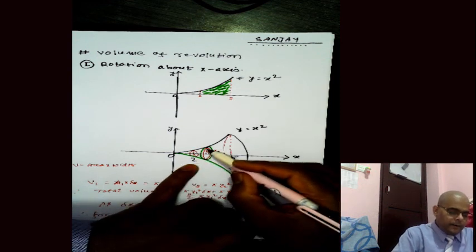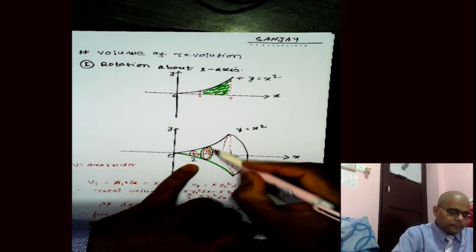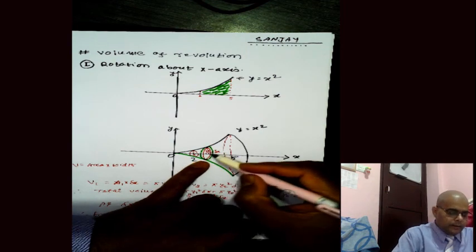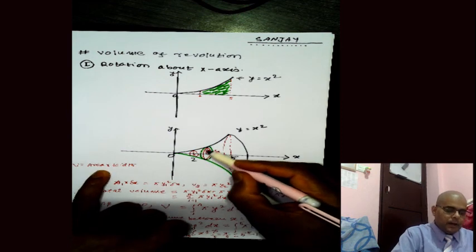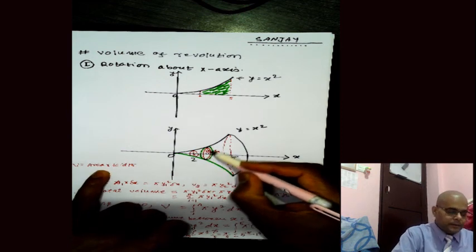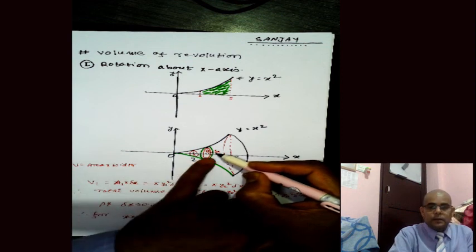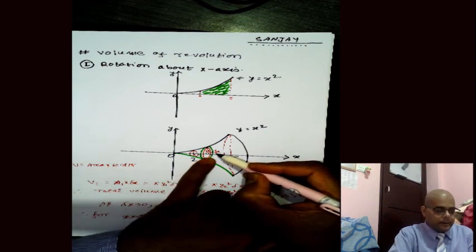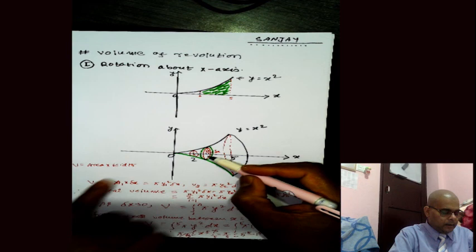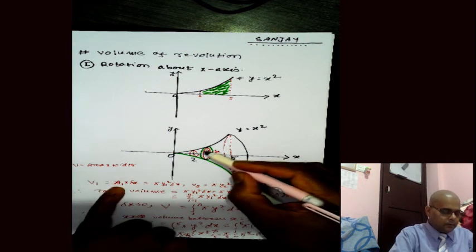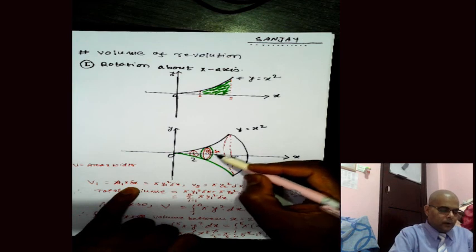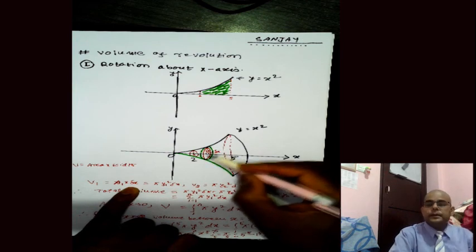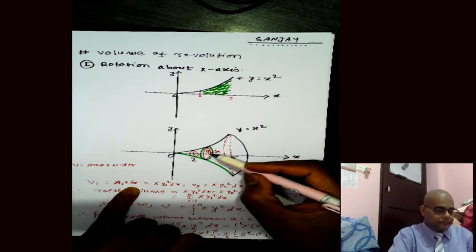The volume equals the area of this circular disc times its width, delta x.